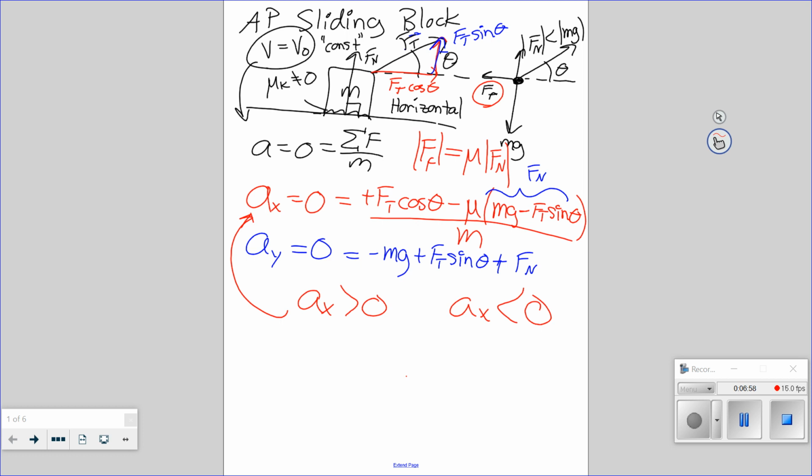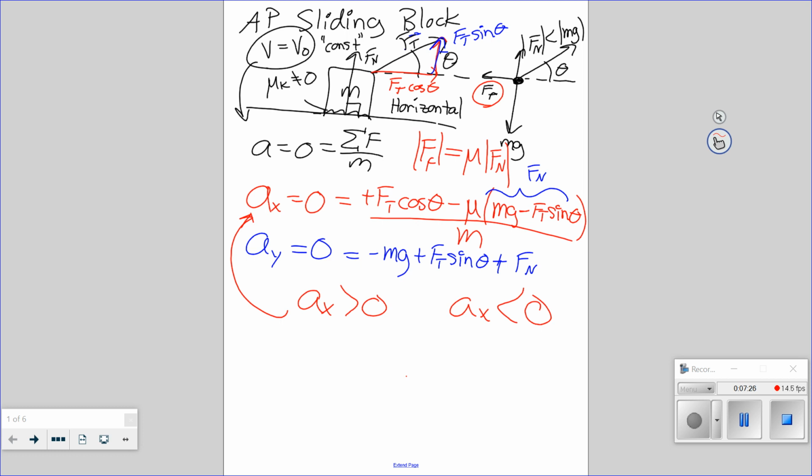Can this force of friction get much greater, especially if my angle can't change, if the force of friction has a maximum value of mu mg, right?